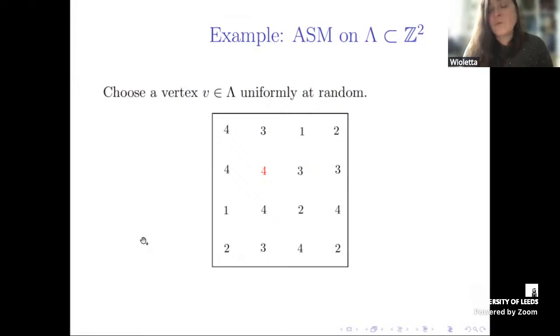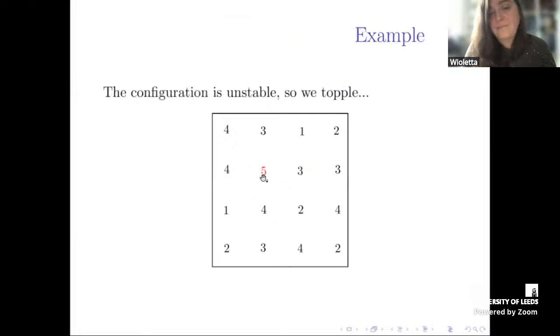Now it's a dynamical system, and the dynamics is defined as follows. I pick a site uniformly at random, for example this one, and I add a grain to it. So the number of grains will now increase to 5.